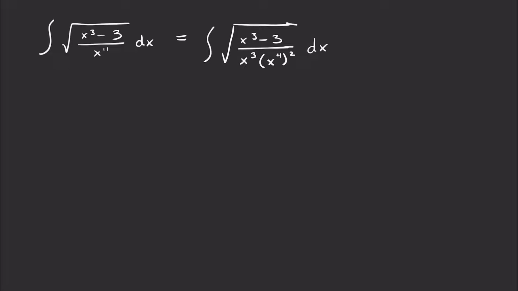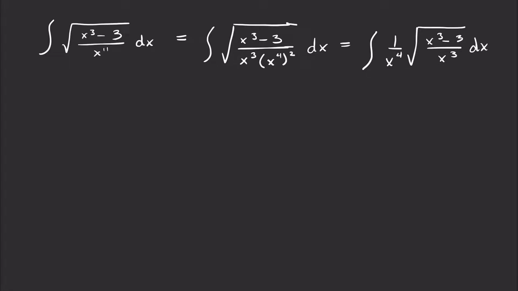Okay, and then we get our dx. And so if we do that, we get the integral of, again, the square root of x to the 4th squared. The square root and the square are going to cancel each other, and our x to the 4th will come out. And then we're left with the square root of x cubed minus 3 all over x cubed.